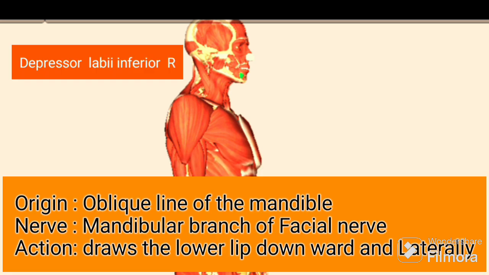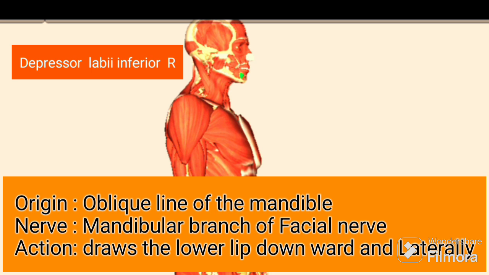Now, the lower group contains three muscles. Depressor labii inferioris originates from the oblique line of the mandible and inserts into the skin and submucosa of the lower lip. Its blood supply is by the inferior labial branch of the facial artery and the mental branch of the maxillary artery.